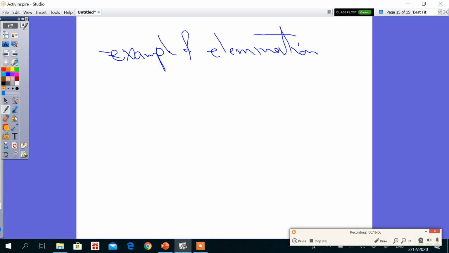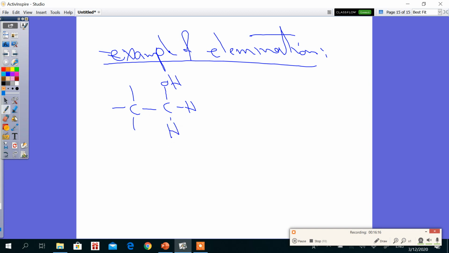We will take an example of an elimination reaction. Our example is ethanol. You know ethanol, CH3CH2OH.